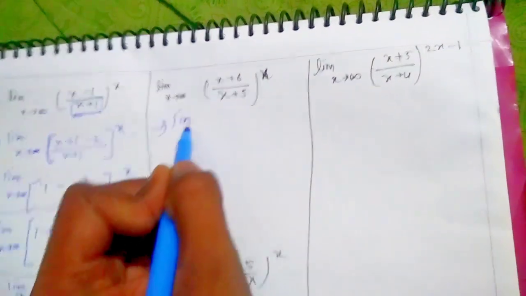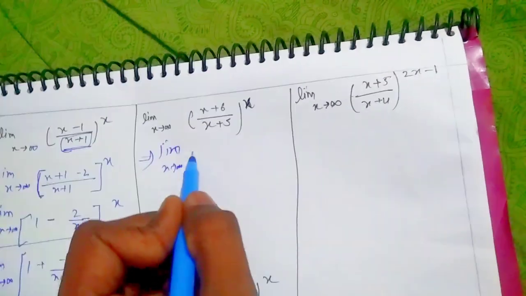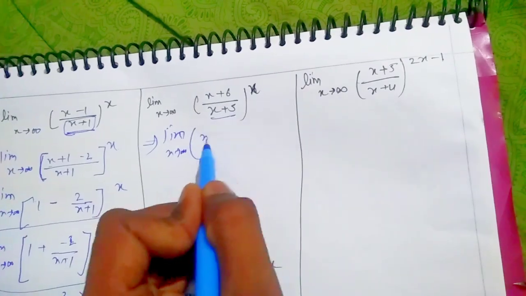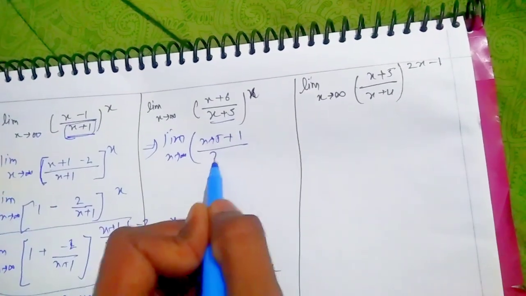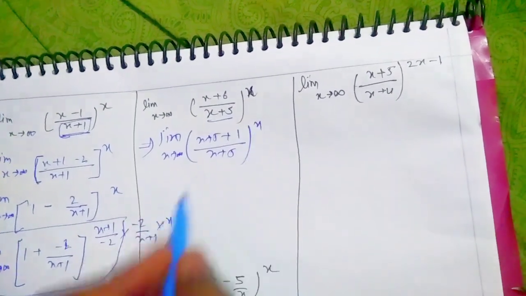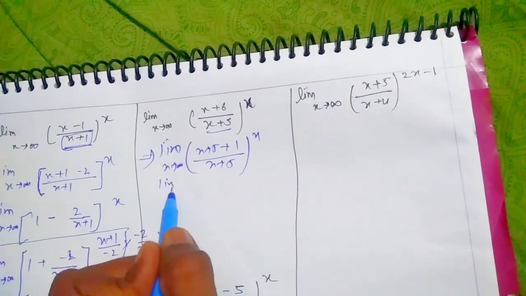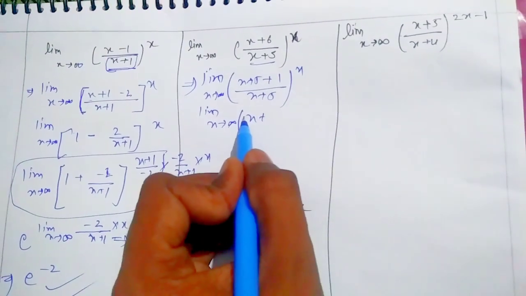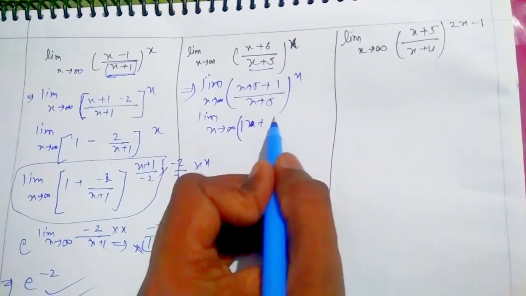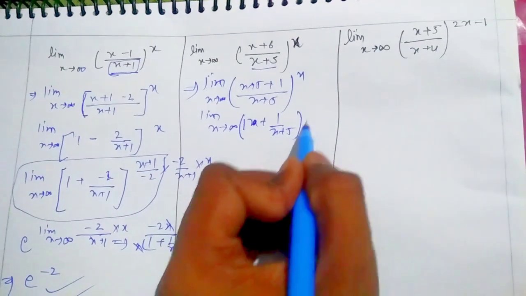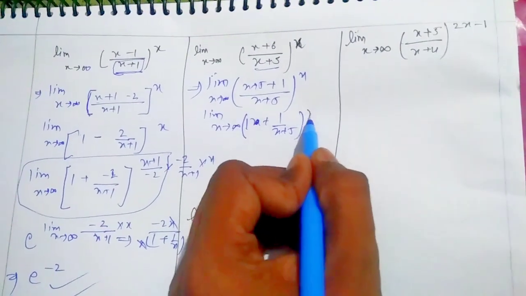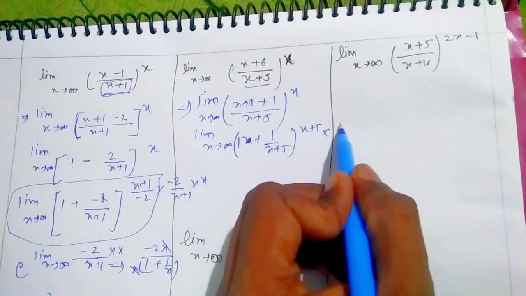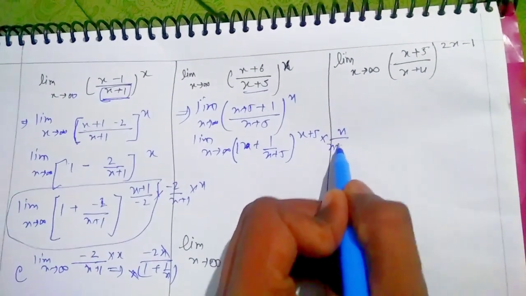Come to the another. Limit x tends to infinity. We have to write this one in the terms of denominator form, so we can write that like that, and the power x. So we can write the limit x tends to infinity, 1 plus 1 upon x plus 5 to the power x plus 5 multiplied by x upon x plus 5.